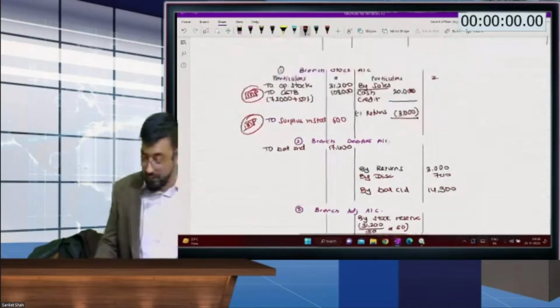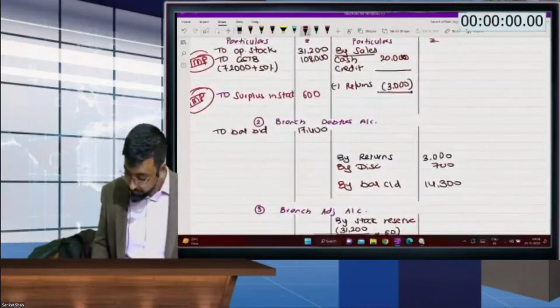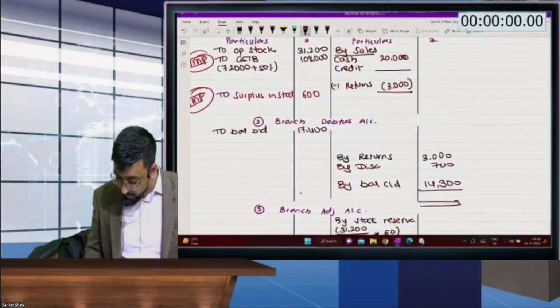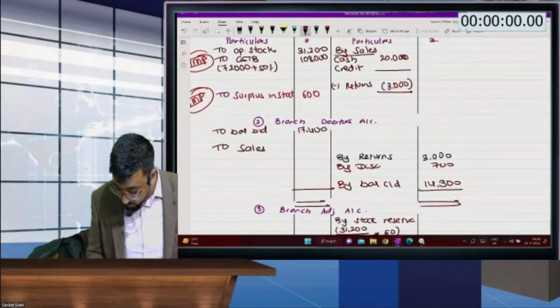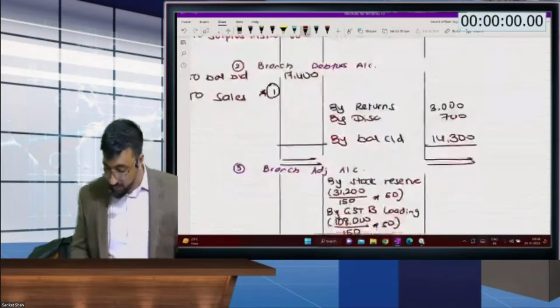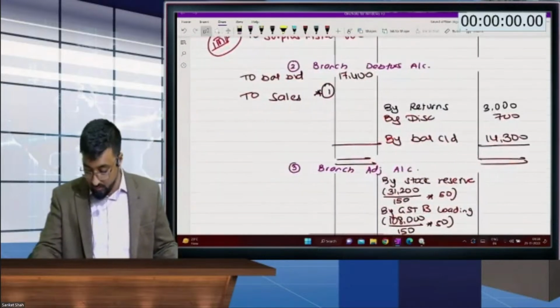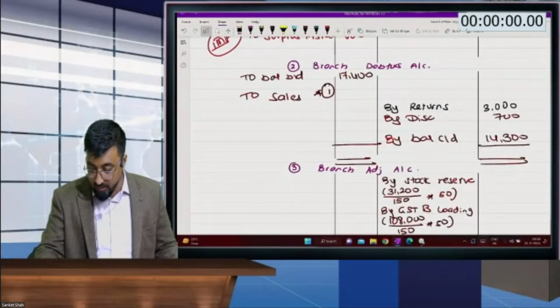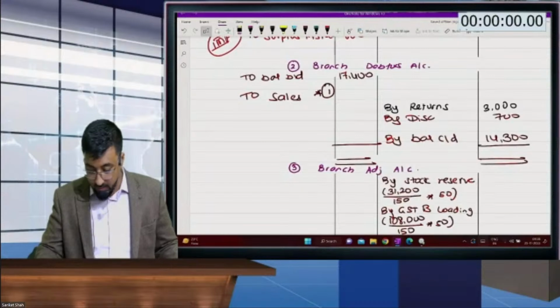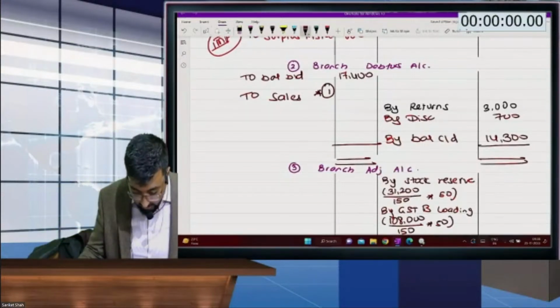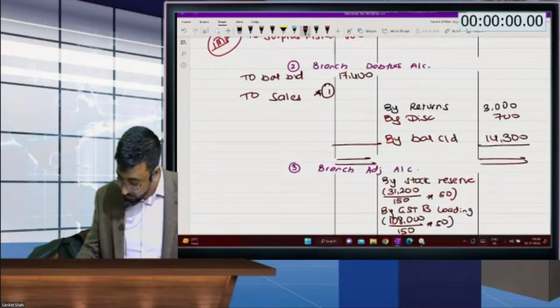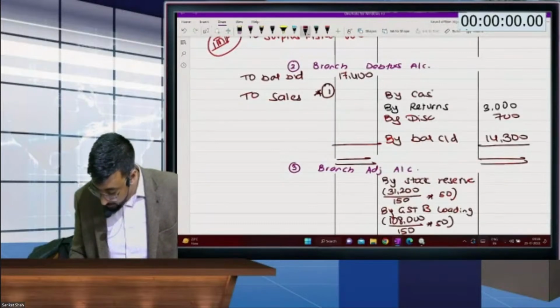So beta, now I will give numbers. Now see the balancing figure. To sales. To sales is number 1. I'm going to close it. 14.3 plus 0.7 plus 3, so this is 21,000. No, by cash is also left. Okay.